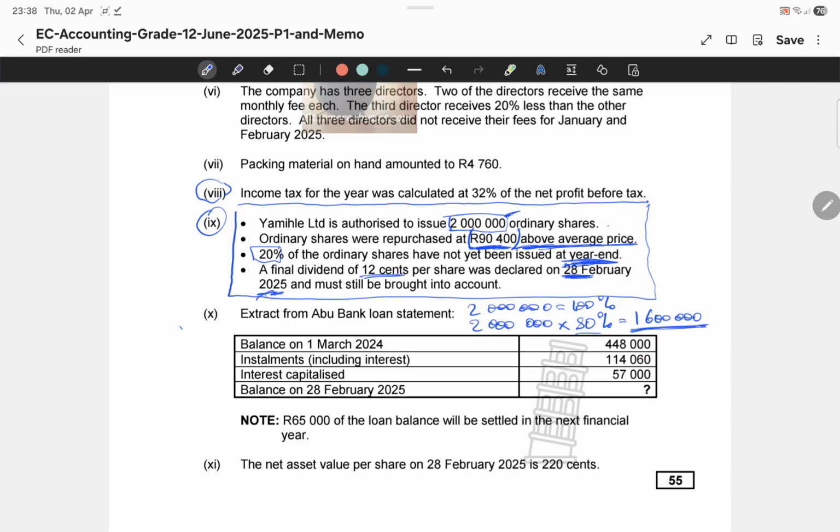Okay, so this explains to us that you are going to need this 80% or this 1,600,000 in order to get final dividends. You are going to need also these 12 cents to get the final dividend. Okay, now let's take the 1,600,000 as well as the 12 cents and see what we are going to get.